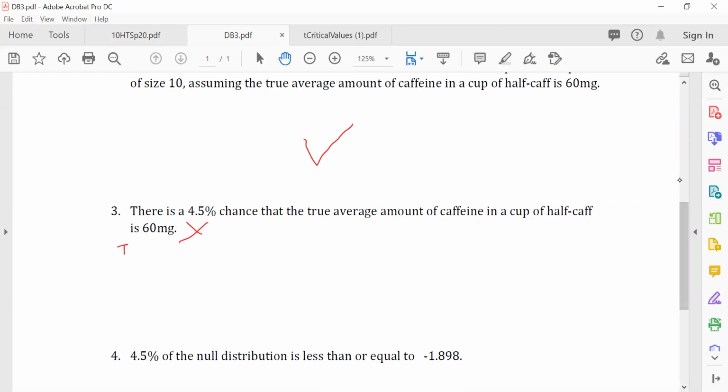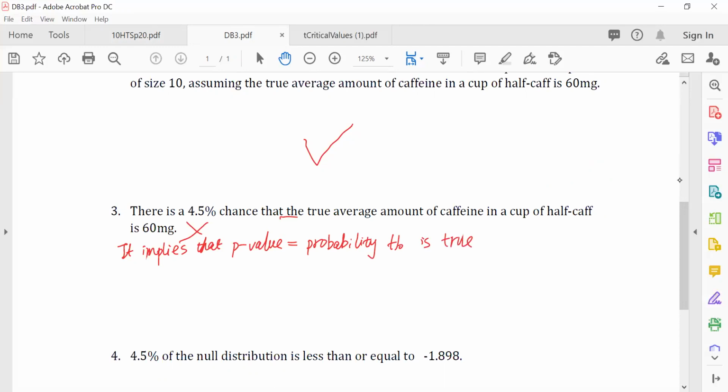It implies that the p-value is the probability H null is true, right?